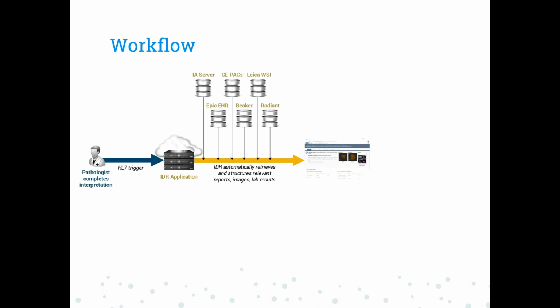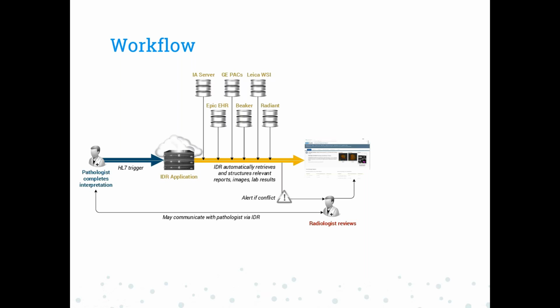Once we receive that trigger, our application hits the various clinical databases within the UCLA Health IT system: our PACS, our whole slide imaging, our EHR, our lab system, which is Beaker, and our imaging system called Radiant. Most of these are Epic. We pull the relevant information from those systems and put it together into this integrated report.